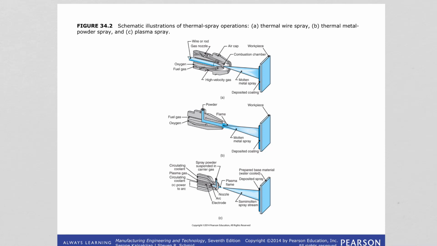So a high energy or vacuum plasma produces temperatures on the order of 8,300 degrees C and results in good bond strength with very low oxide content, as well as very low levels of porosity.